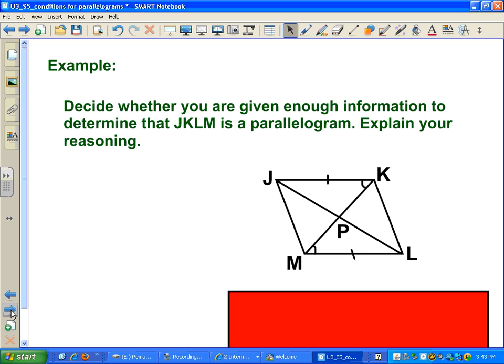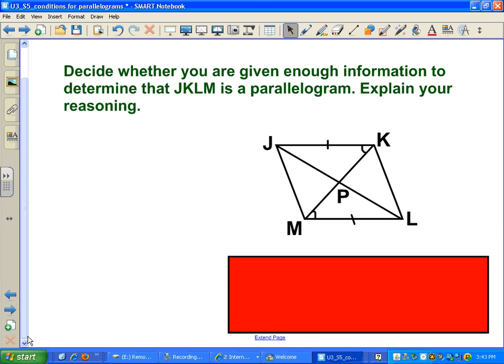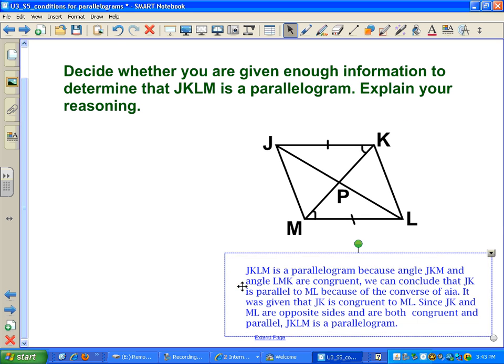All right, welcome back. Let's take a look at what the solution is here. So JKLM is a parallelogram. And the reason is since angle JKM, this angle right here, is congruent to angle LMK, I know that JK is parallel to ML because of the converse of alternate interior angles.